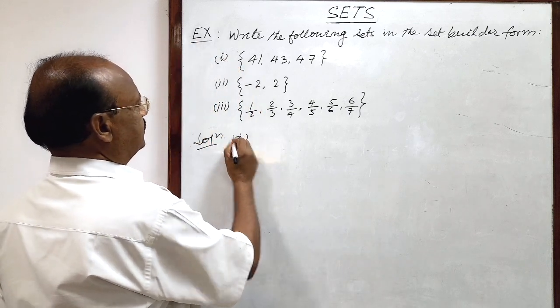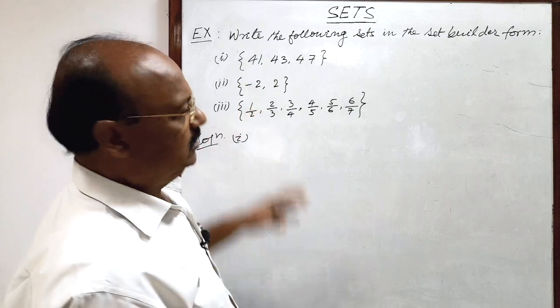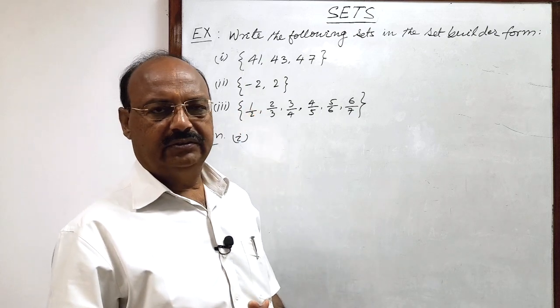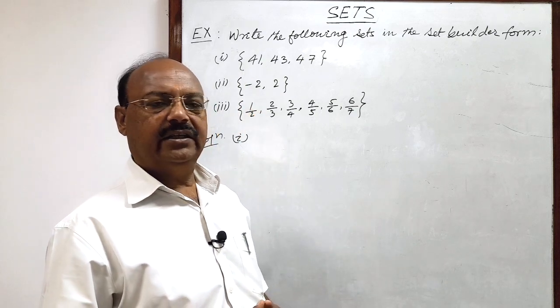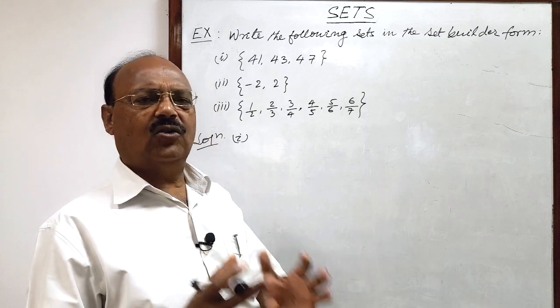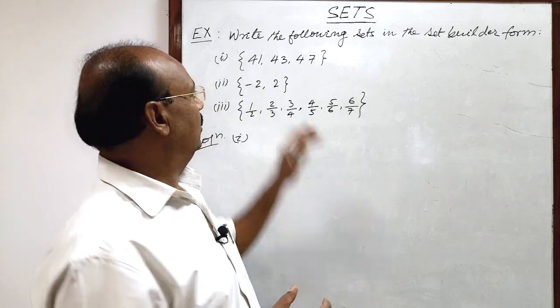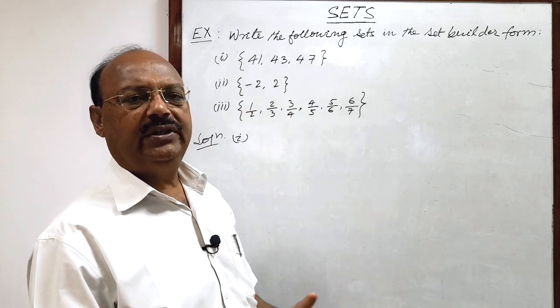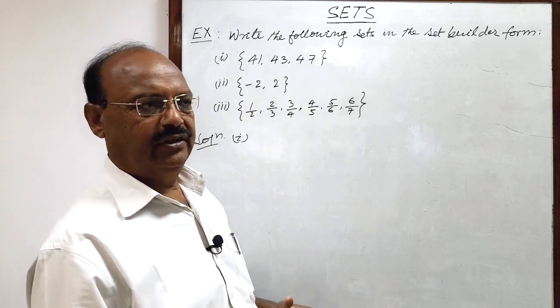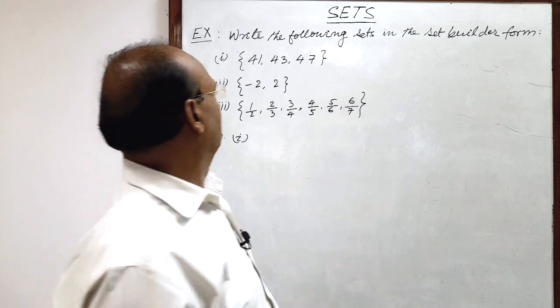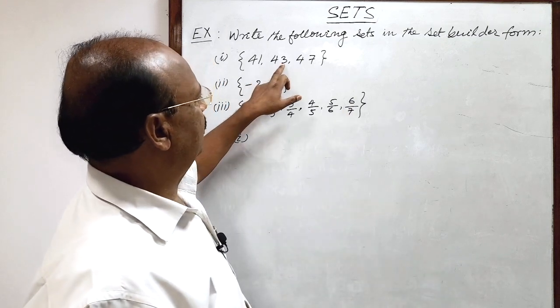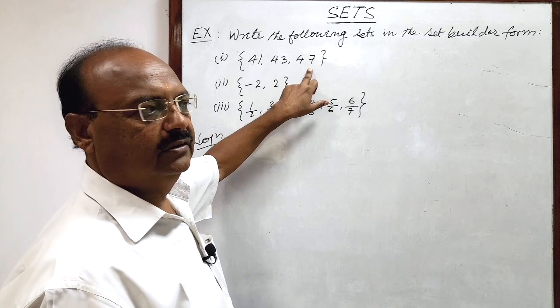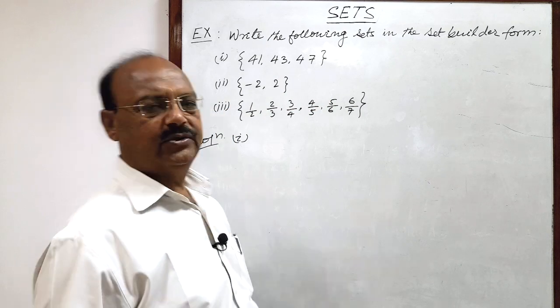So let us see the first part. We just have to observe the elements and understand the common properties of all these elements that we are supposed to mention in the set builder form. So this is 41, 43, 47. What is the pattern of this question?